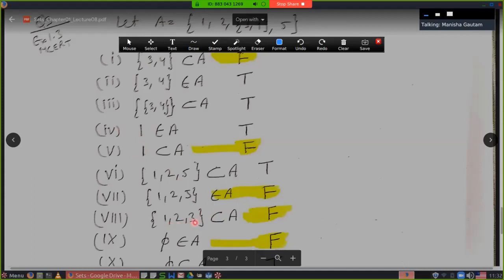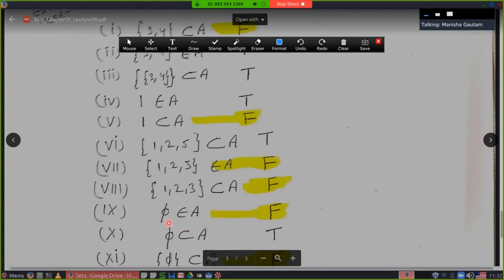Now {1, 2, 3}, whether it is a subset of A or not? 3 is an element which doesn't belong to the set. That's why it is not a subset of A. Empty set belongs to A? The empty set is a subset of every set, but it doesn't belong to every set. It means this is false.